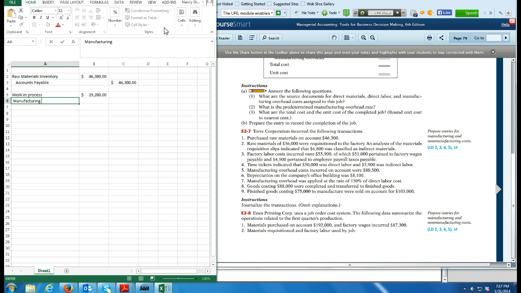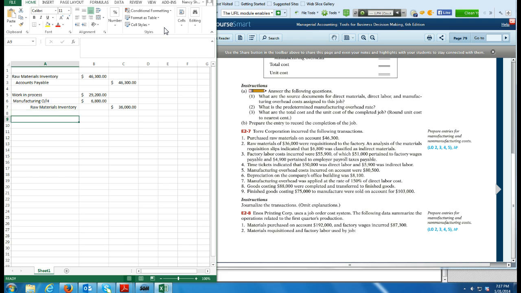Manufacturing overhead is going to be our debit too of $6,800, and out of the raw materials inventory we're going to credit the entire amount of $36,000.